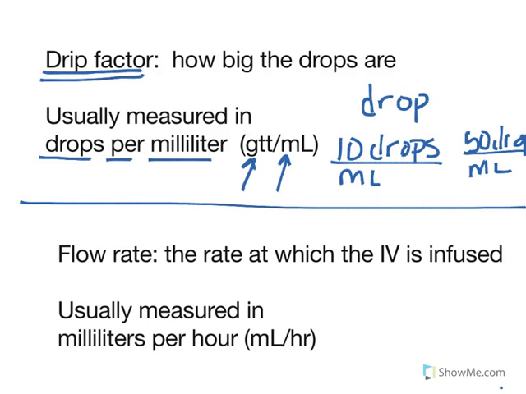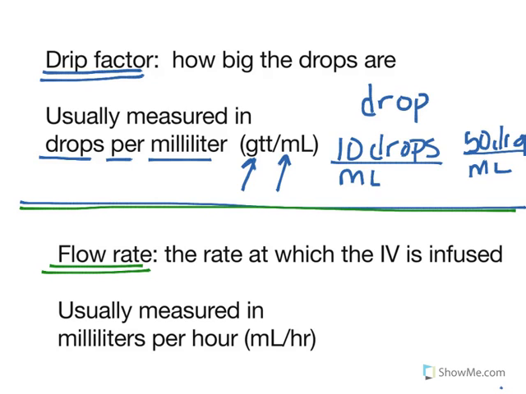Now we'll talk about the flow rate. The flow rate is the rate at which the IV is infused. So what we're talking about here is the setting on the machine that tells it how quickly to drip the solution into our patient.